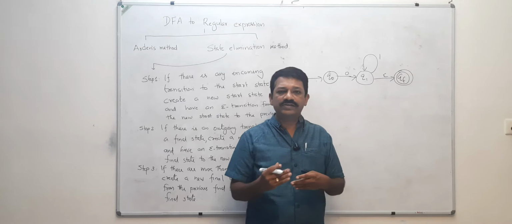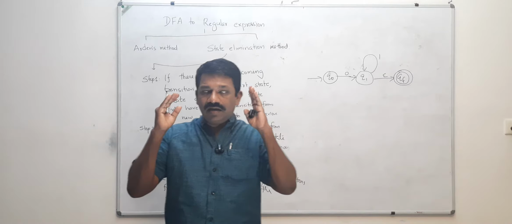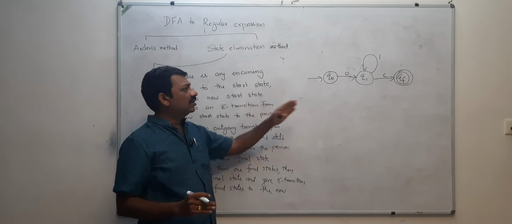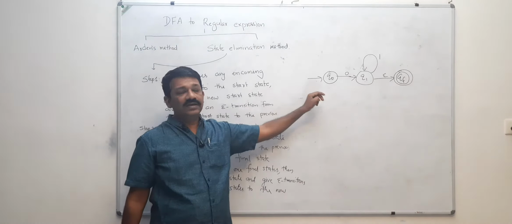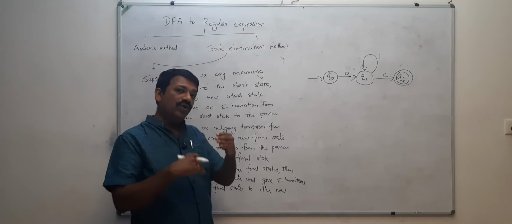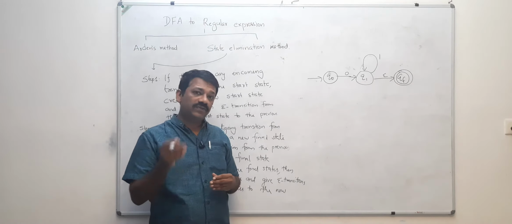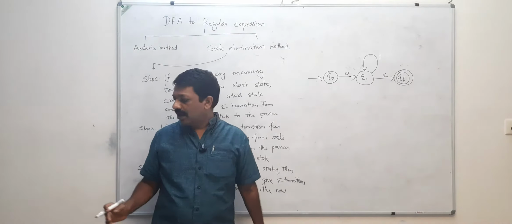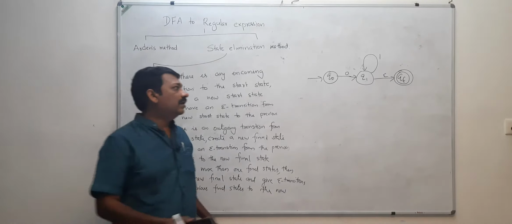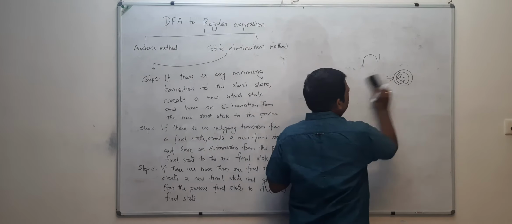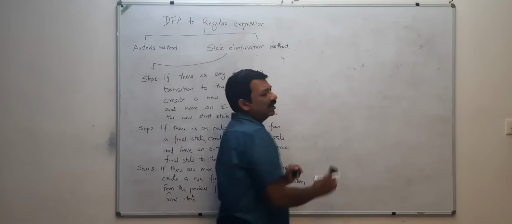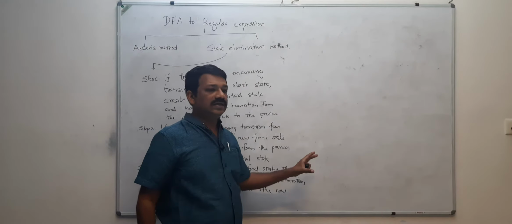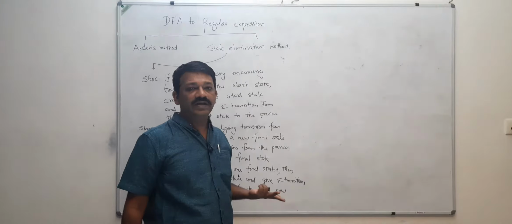That's a minor modification. That means if you have an incoming transition to the start state, you are going to create a new start state, and if there is an outgoing transition from the final state, you are going to create a new final state. And as you know, a transition diagram, DFA or NFA, can have a single start state and multiple final states.